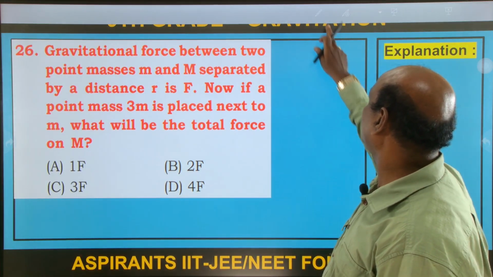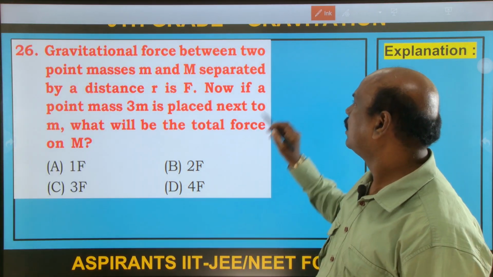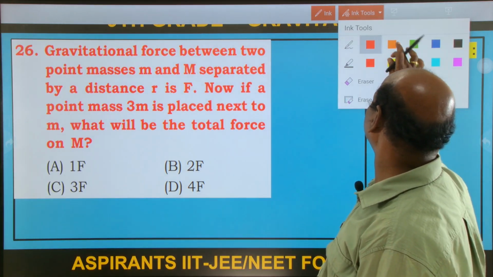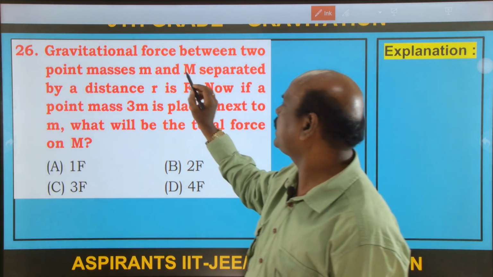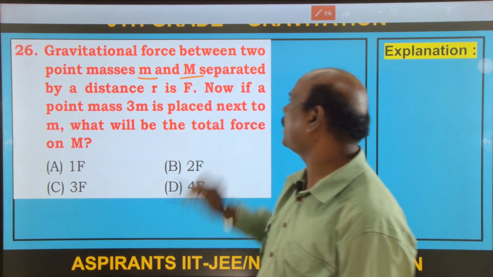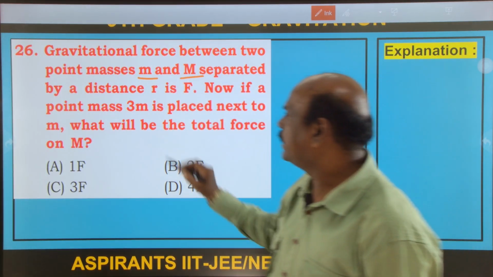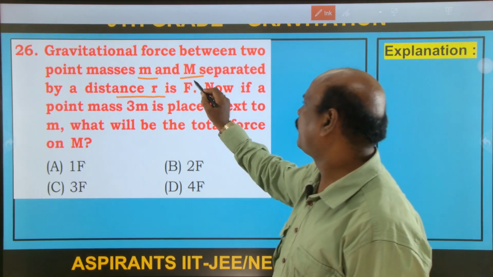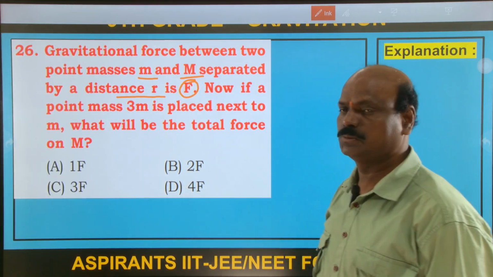So here he is telling that there are two forces which we are considering. Let us take mass small m and capital M, the separated distance is r, and the force is taken as F.